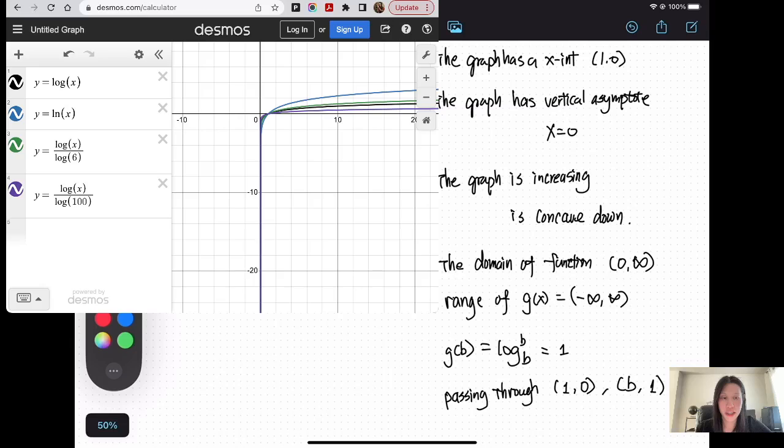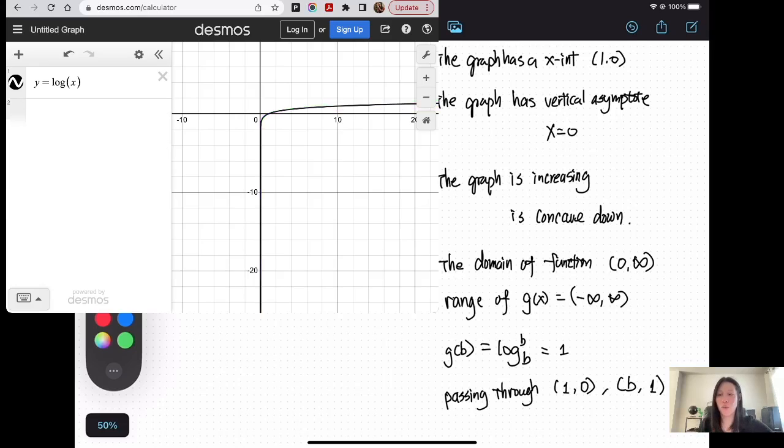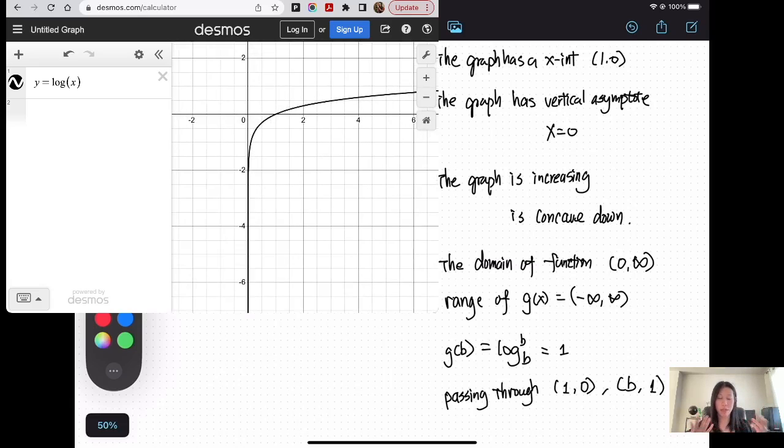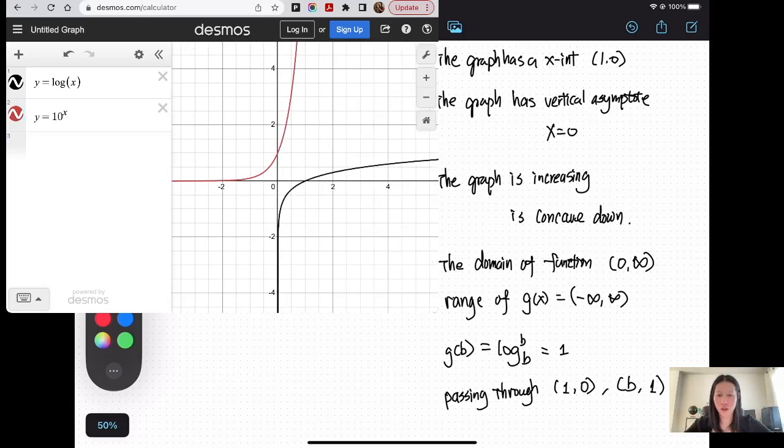Another thing we need to look at is the basic graph, y equals log of x. We know that the logarithm function and the exponential function are inverses. So let's look at the exponential function y equals 10 to the x. Since the base is 10, the logarithm function should have base 10.